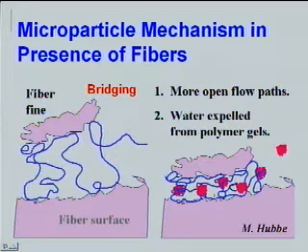And after that, we add the microparticle to the system. Because the microparticles have the opposite charge to the cationic polymer, the microparticle can collide with the polymers, and then the polymer will contract, and the water will be expelled from the polymer gels.